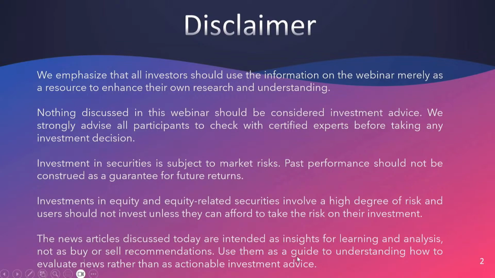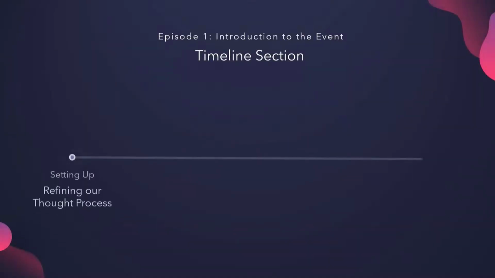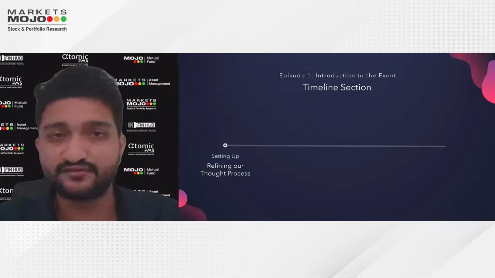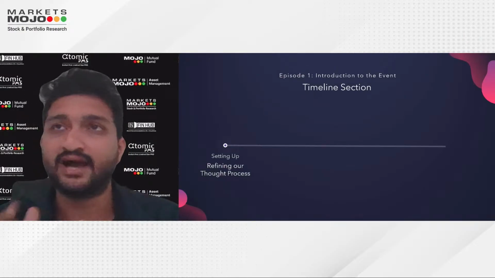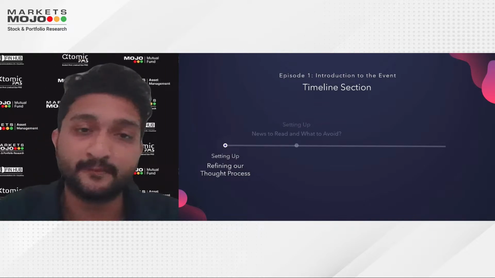So starting off, a timeline to today's event. First off, I'll set up and refine your thought process when it comes to news. We won't just straight off start reading the news articles, but I'll do some setting up on how you approach a news article.